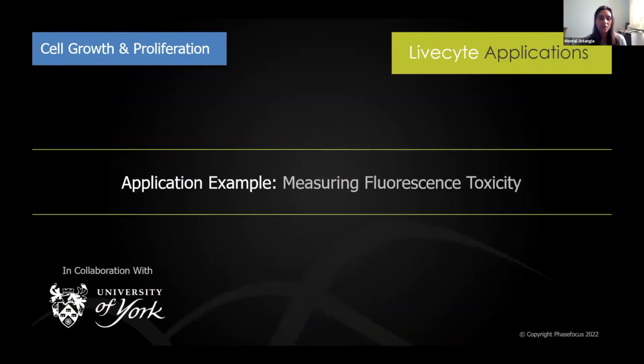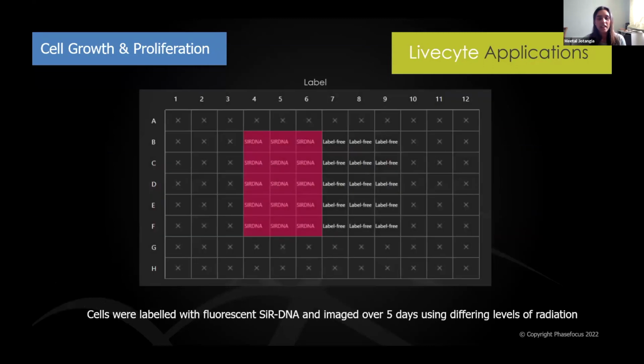And I just wanted to go through a really quick example experiment that we did in collaboration with the University of York. And this was initially looking at measuring fluorescence toxicity over a long period of time. Essentially, this was trying to look at some of the subtle behavioral changes, specifically growth and proliferation, in response to cell-DNA fluorescence stain.